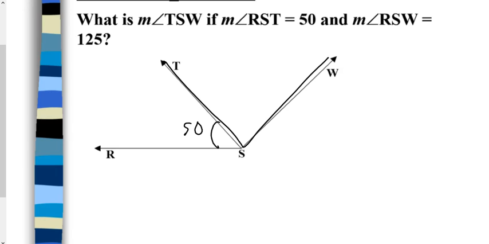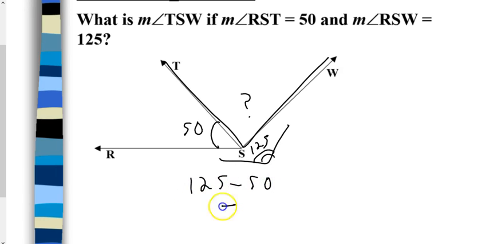So this entire angle here is 125. What is this here? Well, again, part plus part equals whole. So 125 minus 50, 70 degrees for angle TSW.